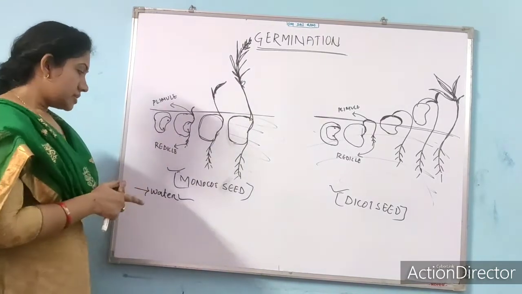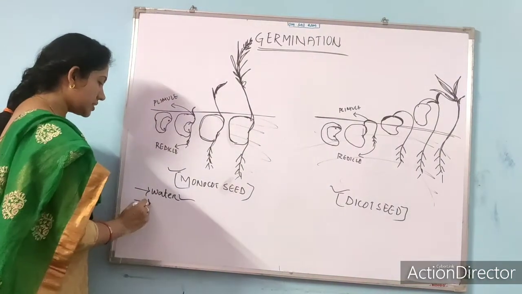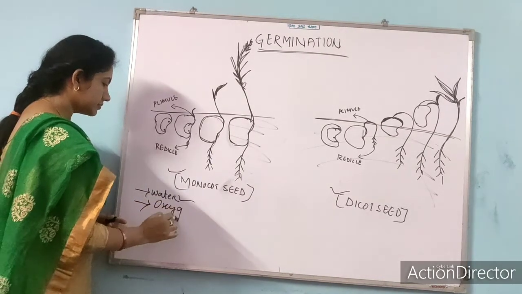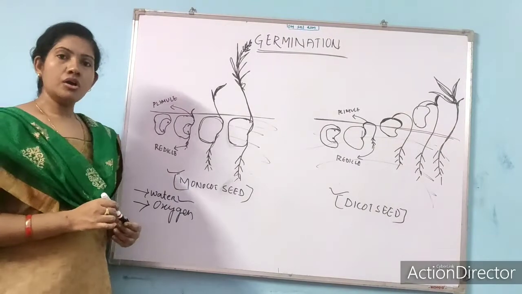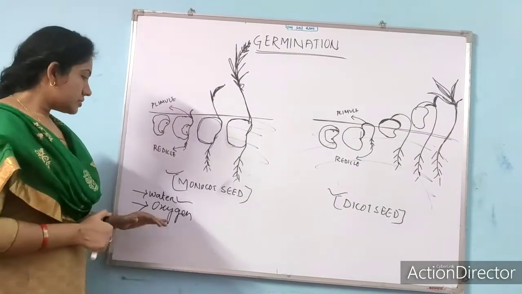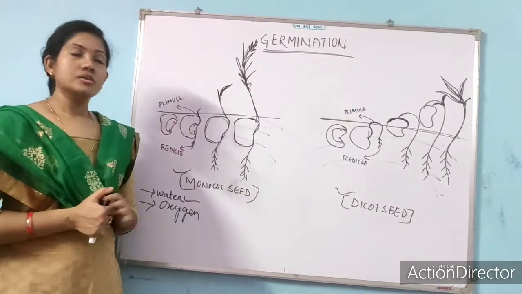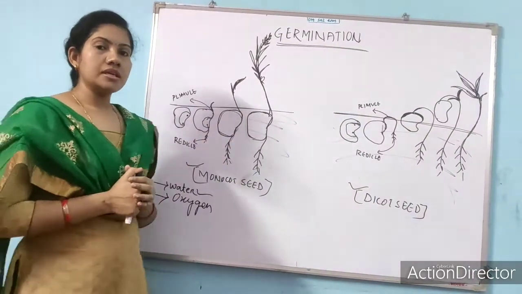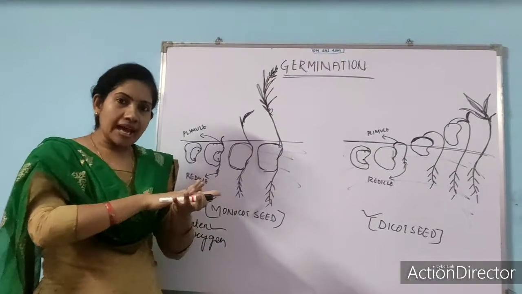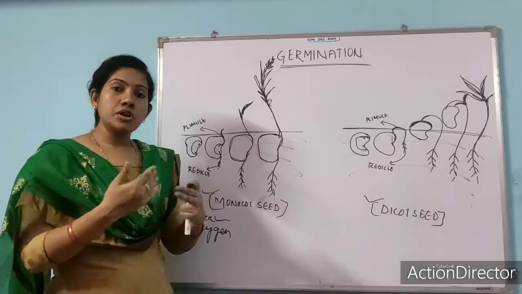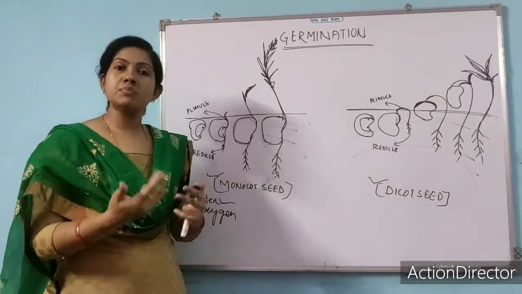Now the second condition we can say is oxygen, or air. This oxygen is absorbed by the seed. Generally, soil which is very tightly packed will not give better yield or better production.